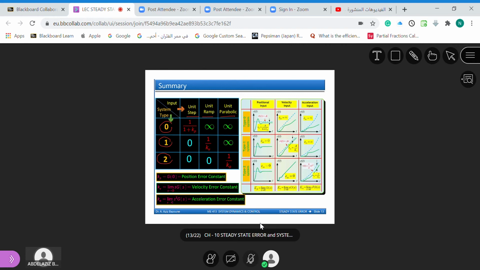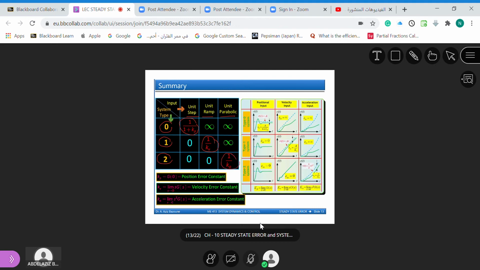With your eyes closed you say, oh, for type 0 and unit step, the steady state error is 1 over 1 plus Kp. For unit ramp input and a system type 1, it is 1 over Kv. For a unit parabolic input, and we have a type 2 system, it will be 1 over Ka.